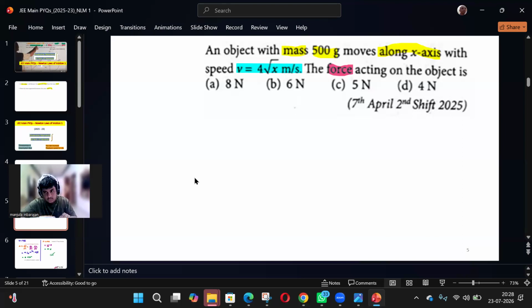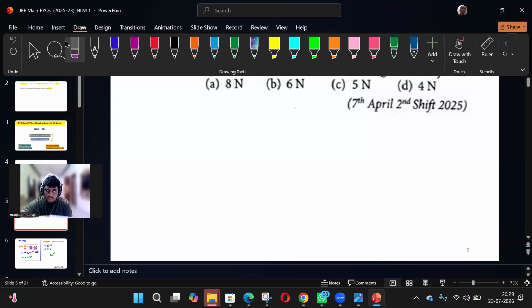No. What is the derivative of x raised to the power n?